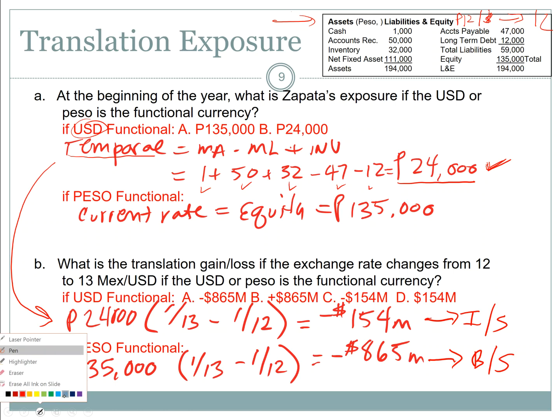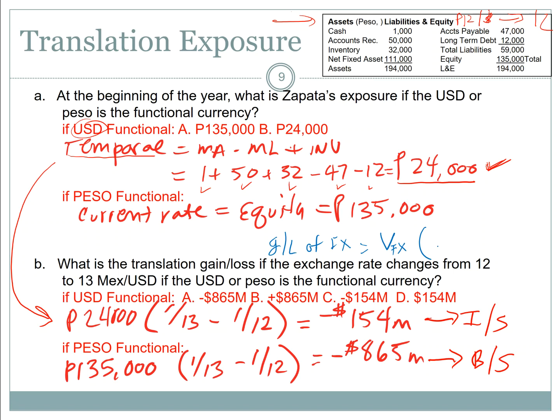Let me just change colors here. The basic way of calculating a gain or a loss on an FX position is you take the value in foreign currency, the value of the FX, in this case 24,000 pesos, times the new minus old exchange rate, where you make sure that you put them in dollar per FX terms, in other words, direct quotes.